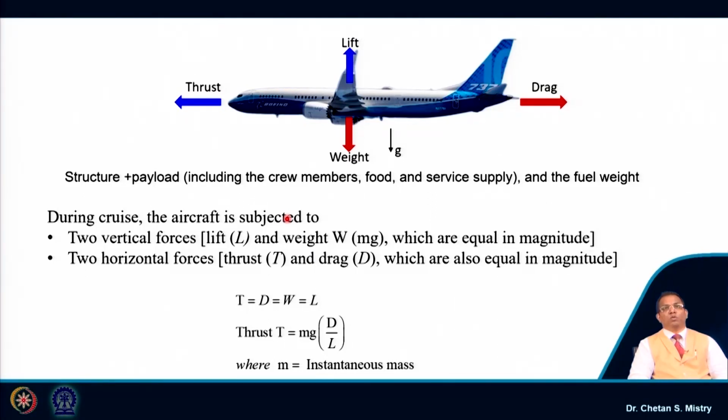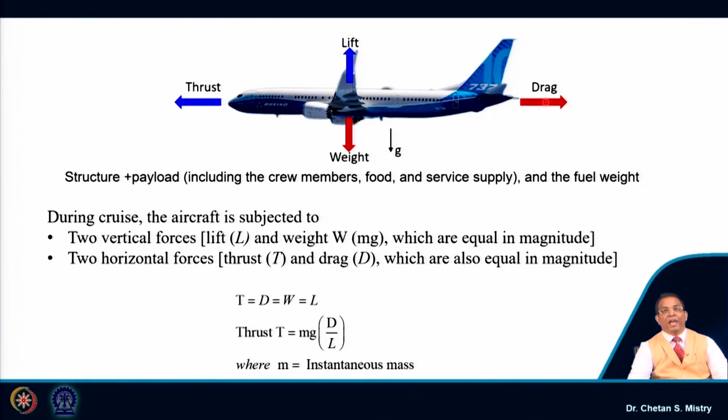Now, let us analyze how we calculate this specific fuel consumption, because it decides a number of parameters that need to be considered for flying. Suppose I consider the weight of the aircraft, which is balanced by my lift force.